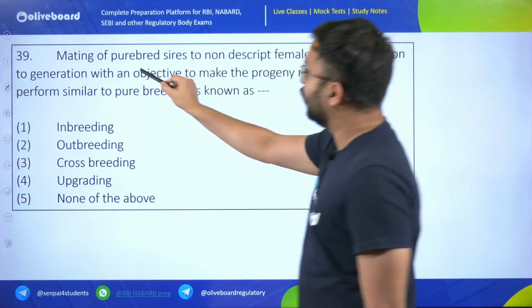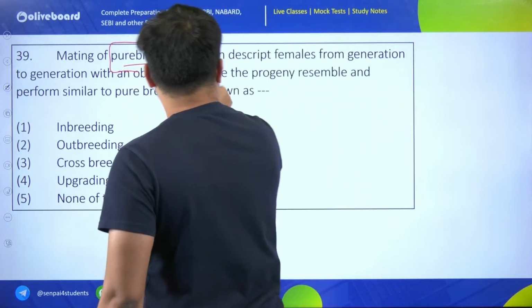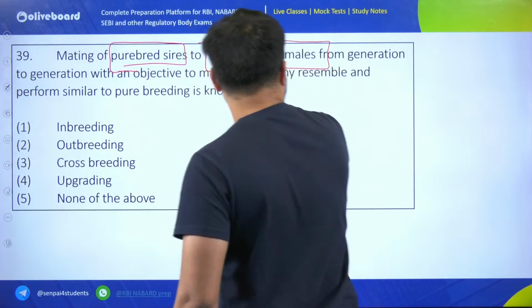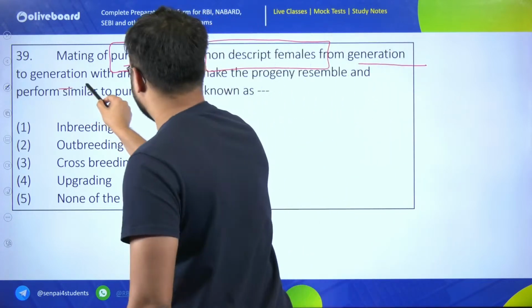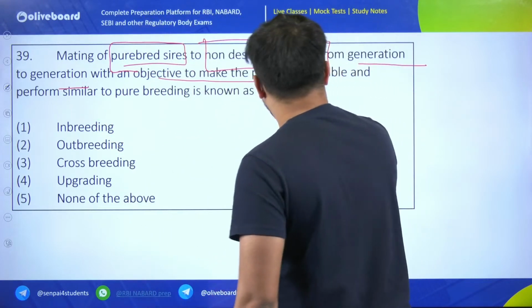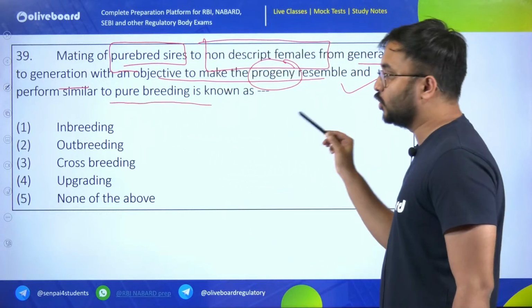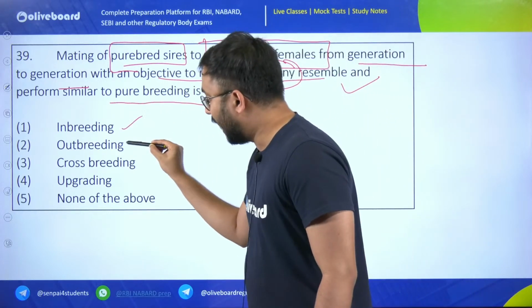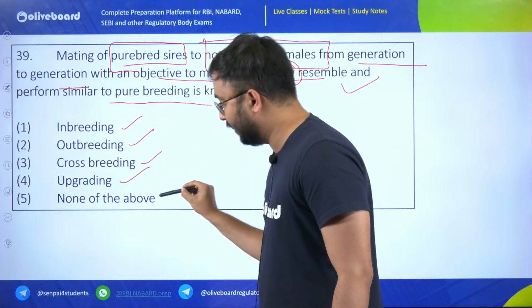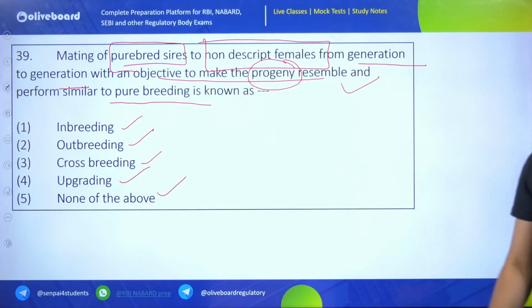The mating of purebred sires with nondescript females from generation to generation, with an objective to make the progeny resemble and perform similar to pure breeding, is known as what? Inbreeding, outbreeding, crossbreeding, upgrading, none of the above. Very important question.